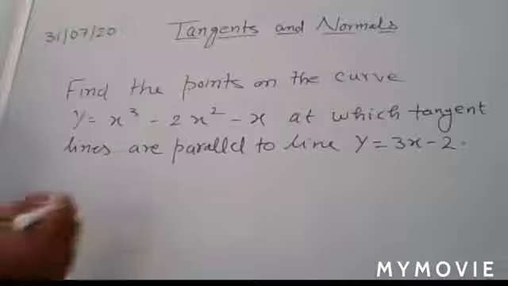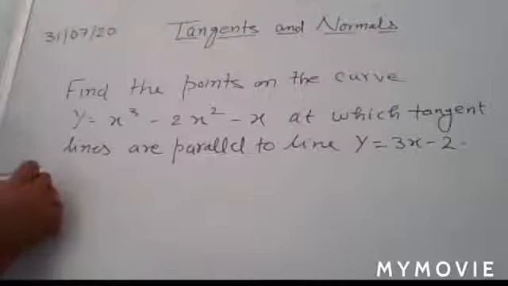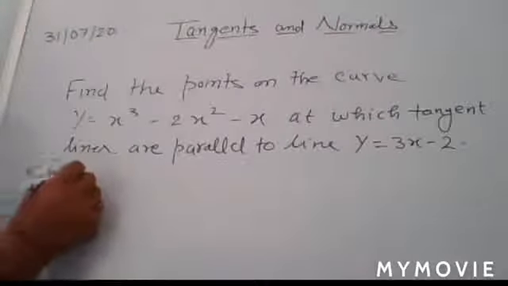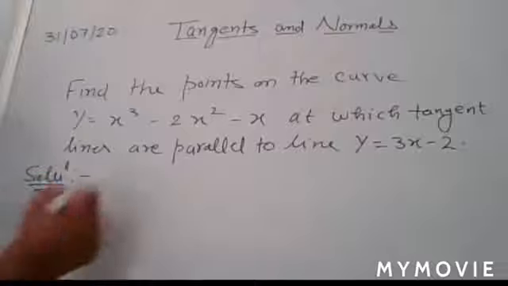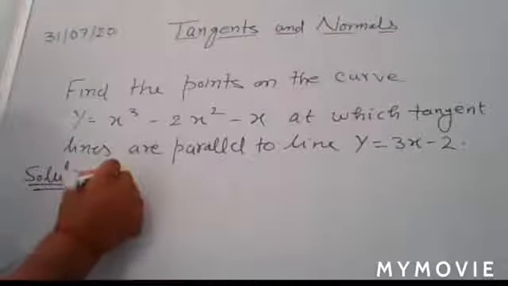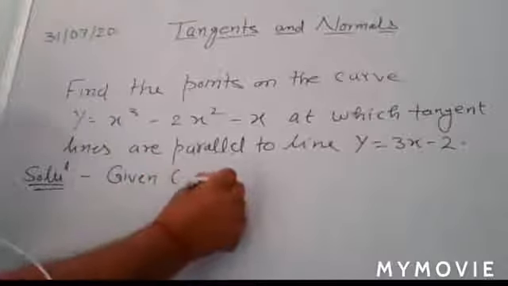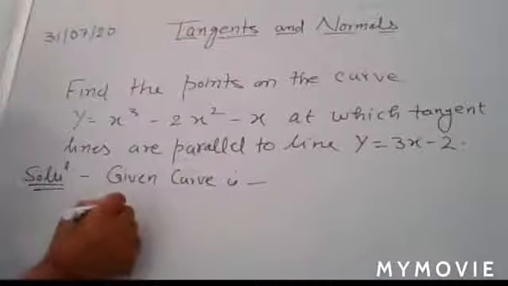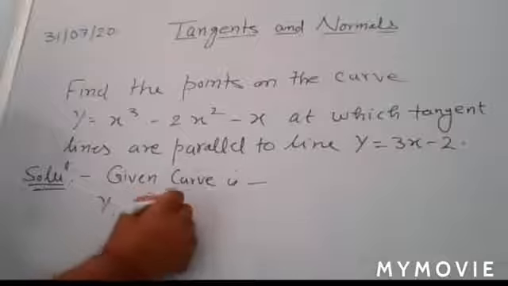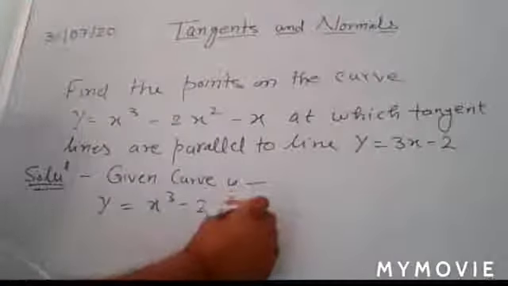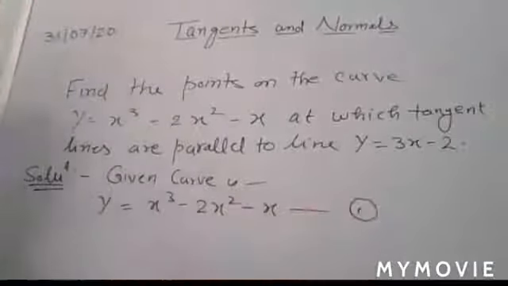So first of all, you assume the given point. Your given curve is y is equal to x cube minus 2x square minus x. That is your given curve.